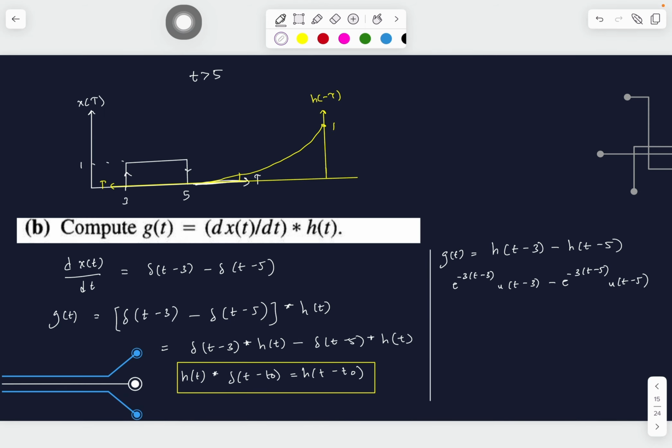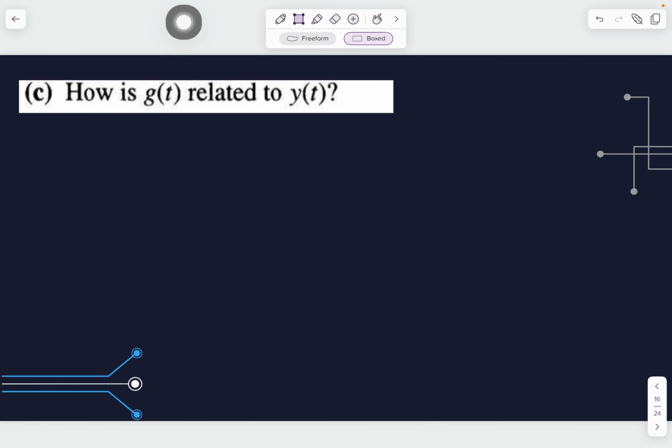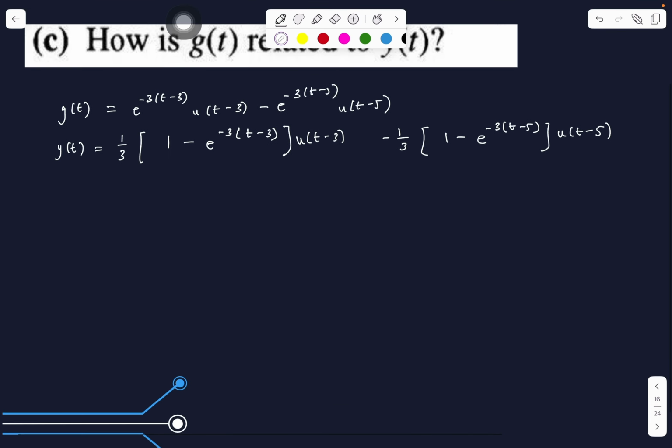So this is g(t). So how is g(t) related to y(t)? If we compare them, we can see that there are some common terms, but they have opposite signs, and there's also a factor of 1/3. For example, this term is the same as this term, but there's a 1/3 and the signs are opposite.